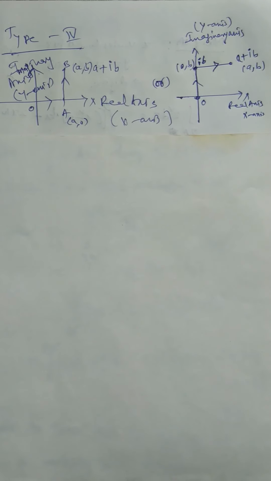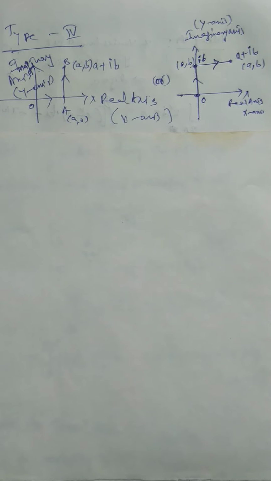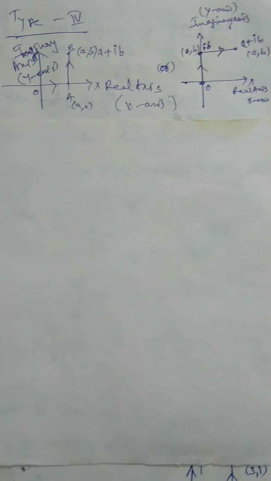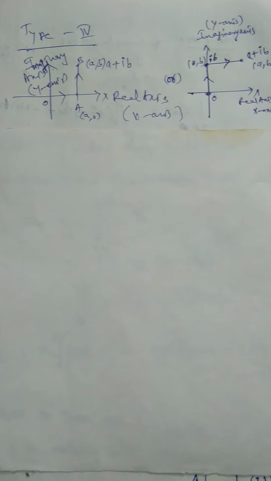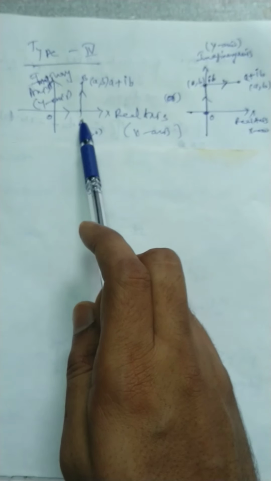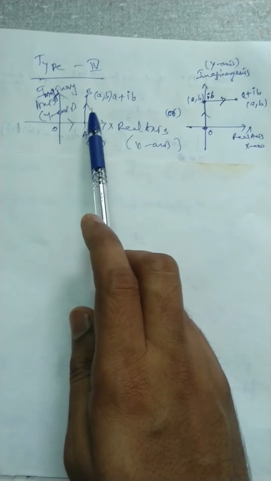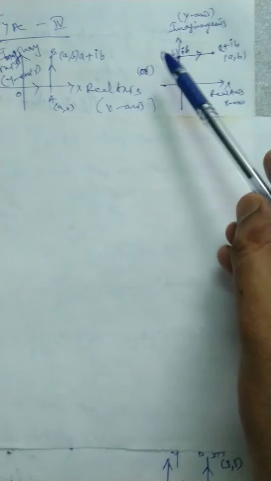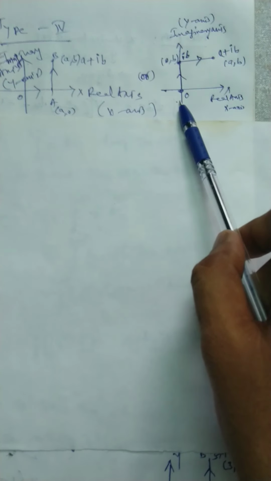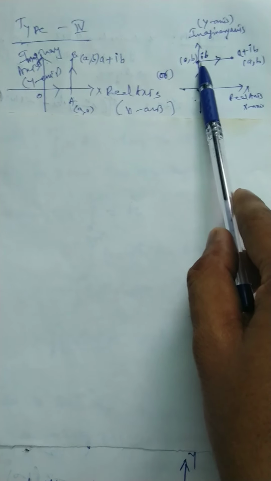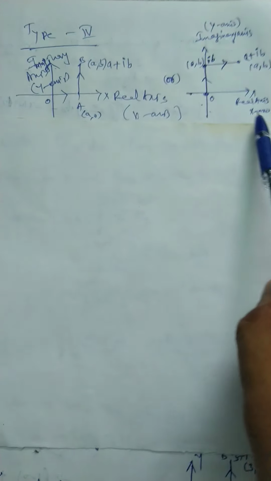So in this lecture I am going to explain the problems related to evaluation of line integral when the curve C is traced along the path from origin to real axis and then to a line parallel to imaginary axis, or when the path is traversed along the imaginary axis and then a line parallel to real axis.